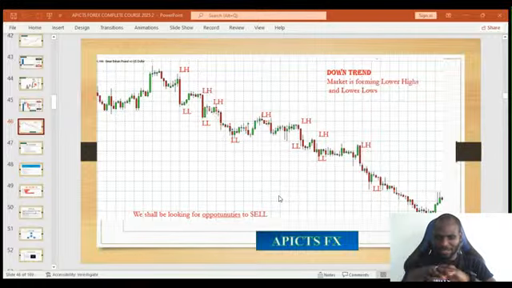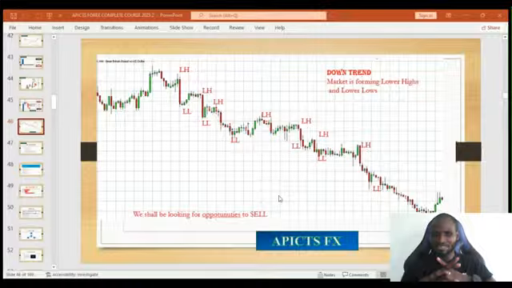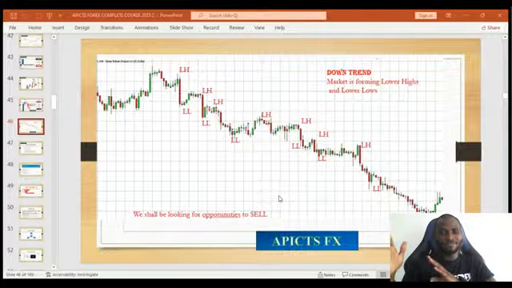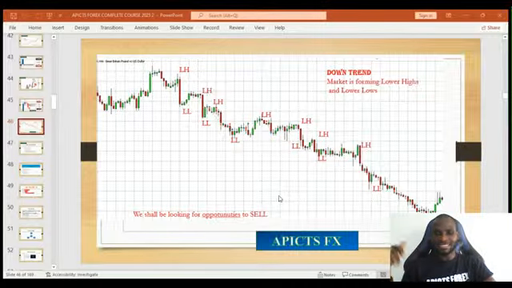Now, don't forget, I've used the word price a lot today, and I explained what it means at the beginning of the class. That thing I showed you on the far right-hand side of the screen, those numbers, that is the price.